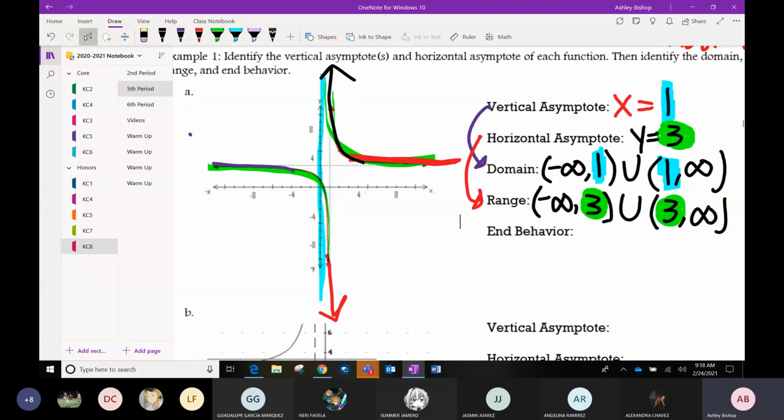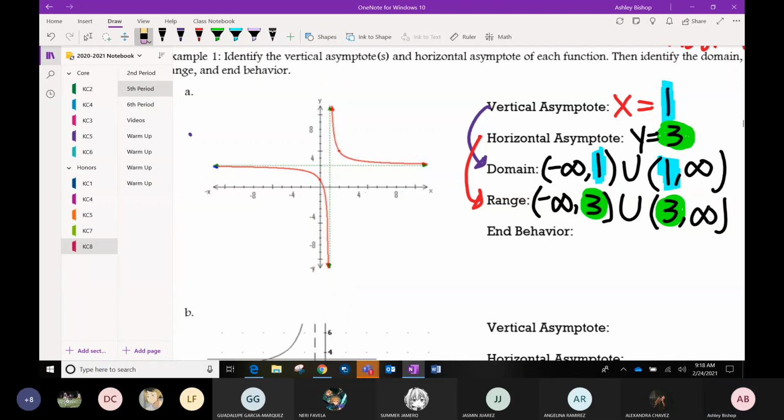Okay. One last thing we need to do is the end behavior. Alrighty. You already know what your end behavior is going to be based on what I told you, but end behavior is what are the ends of my graphs doing. So, end behavior as x approaches positive infinity, f of x approaches blank, and we'll fill in that blank in a second.